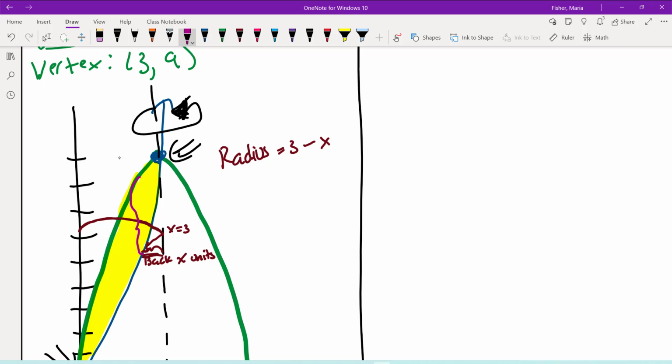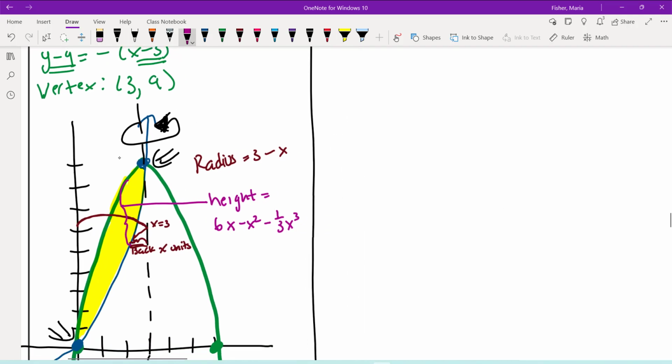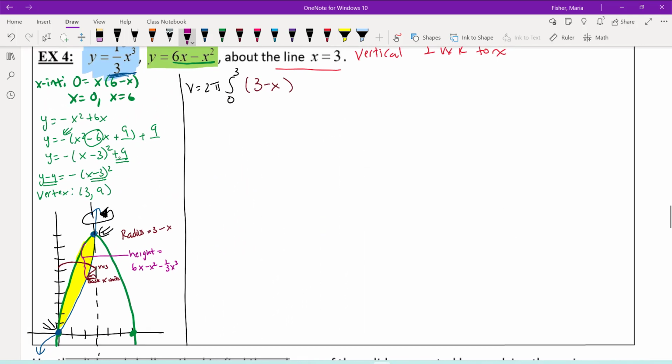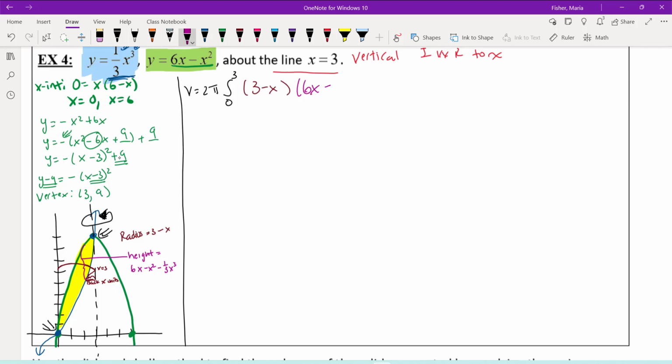This is my height. Well, my height is going to equal green, which was 6x minus x squared, minus blue, which is your 1/3 x cubed. Well, we can't combine any like terms there, so it's just going to be 6x minus x squared minus 1/3 x cubed. Let's put in our height here. 6x minus x squared minus 1/3 x cubed.